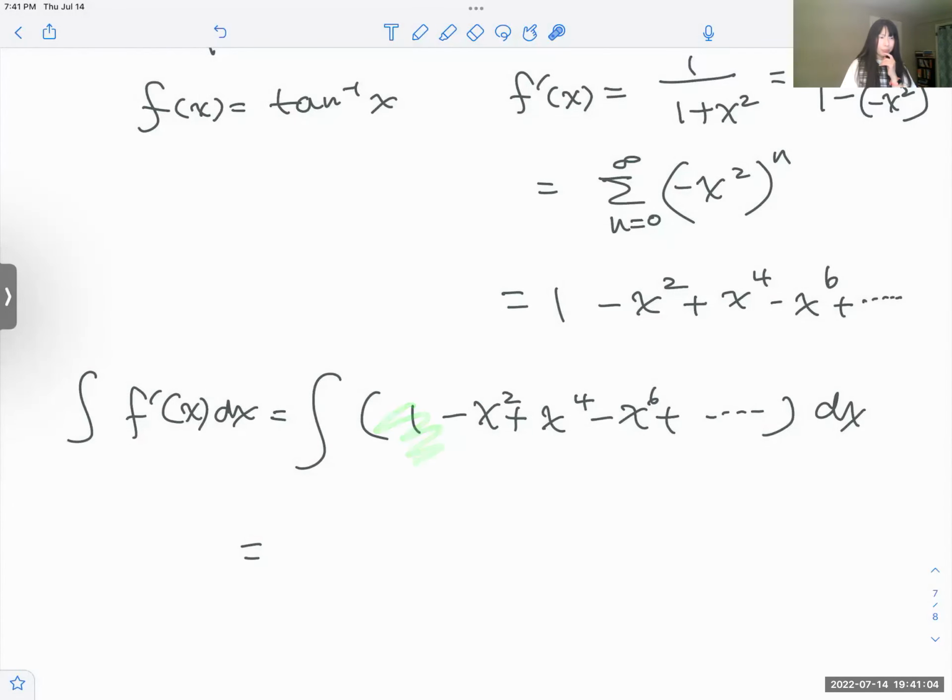What do you get? x. Good. We integrate the second term. What do you get? 1/3 x to the third power. Good. We integrate the fourth power. What do you get? x to the fifth over 5. Very good. We integrate the sixth power. What do you get? x to the seventh power over 7. Very good.